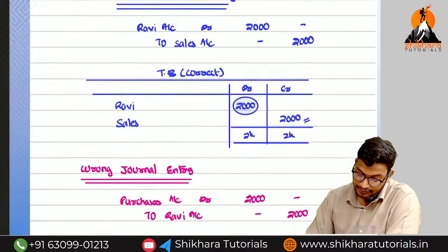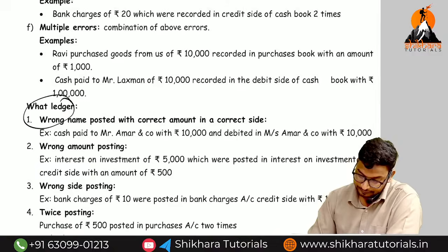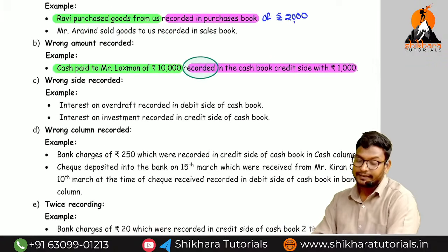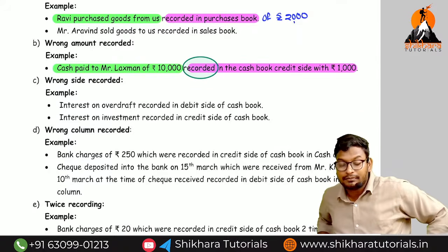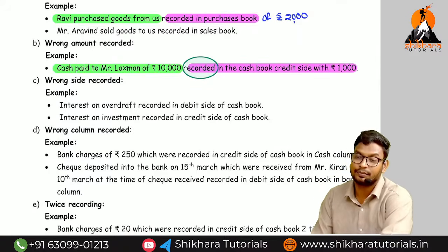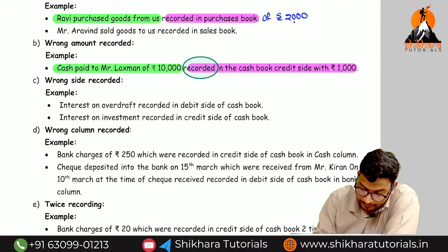Are you getting the point or not? So next we are going to discuss another one. Wrong side recorded, not posted here. Recorded means subsidiary books, posted means ledger. So I am repeating once again the same process.